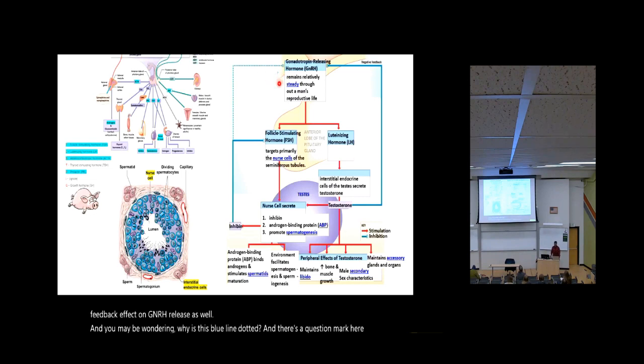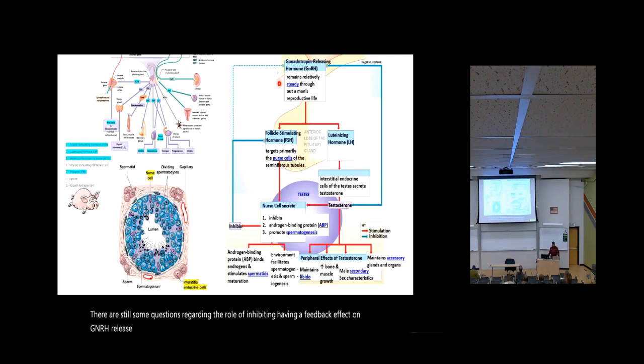There are still some questions regarding the role of inhibin in having a feedback effect on GnRH release, but for the sake of our discussion, we'll consider that GnRH and FSH will be inhibited by the inhibin release.